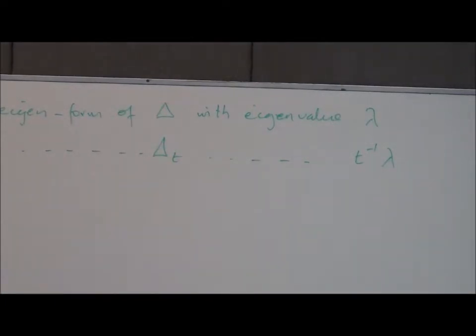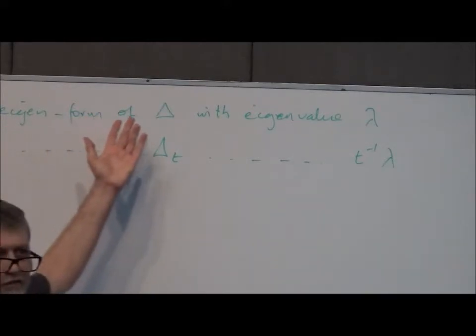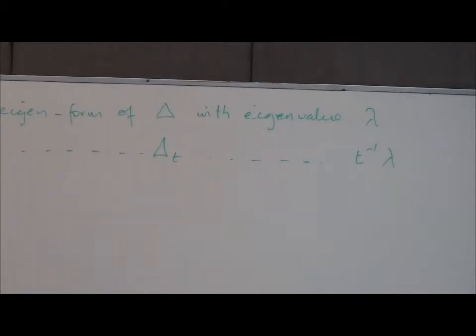Okay? So basically, if I just scale my metric in this stupid way, I haven't actually changed my eigenfunctions, eigenforms.